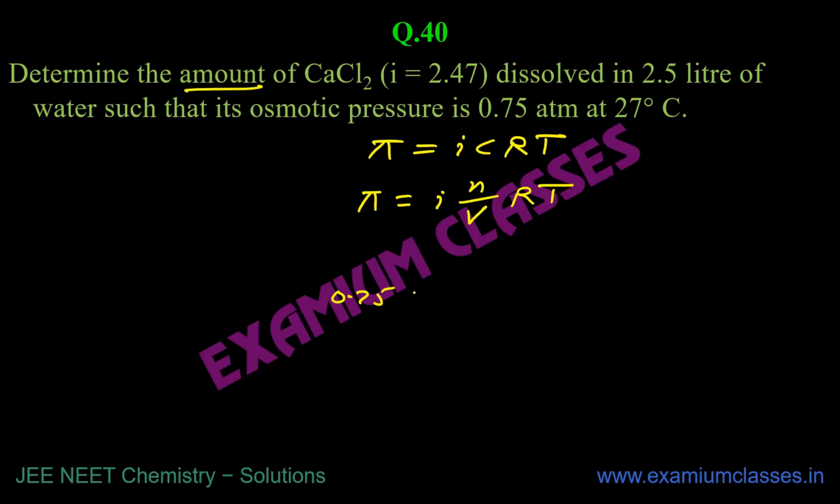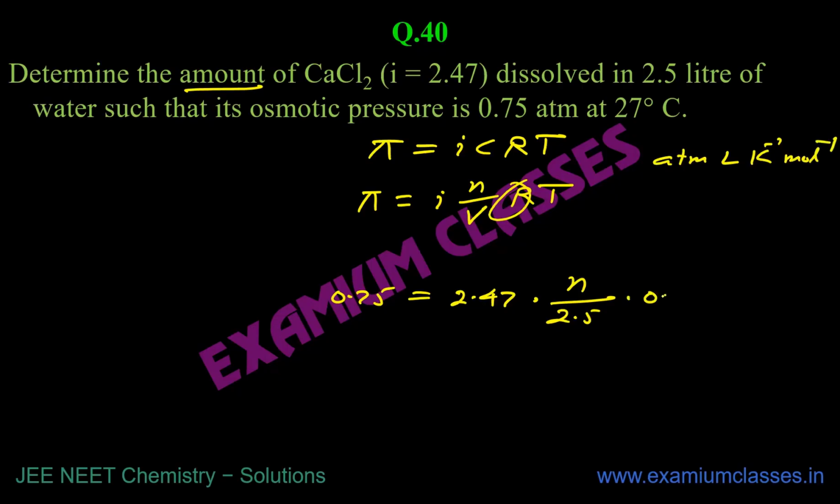So from here pi is given 0.75 atm. And remember, if I am using atm here, I will use the value of R as 0.0821. I is given 2.47. And I have to calculate volume, which is given as 2.5 liters. I need to keep that in liters because the units of R will be atm liter per Kelvin per mole.